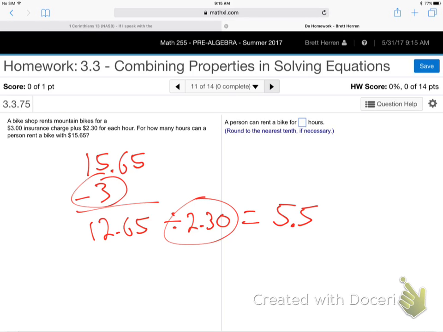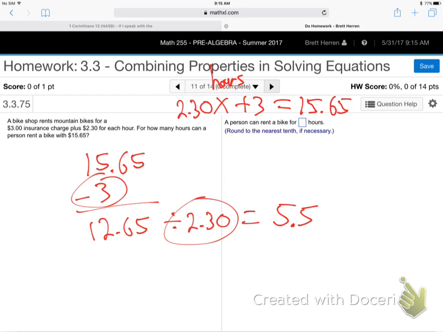Now, the formal way, if you click on the show me an example thing, is they're going to say, let x be the hours of bike usage. And they're going to say it's $2.30 times each hour of bike usage, plus the $3 insurance charge, that equals the total price of $15.65.